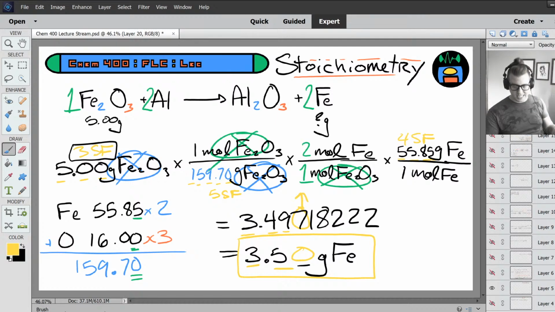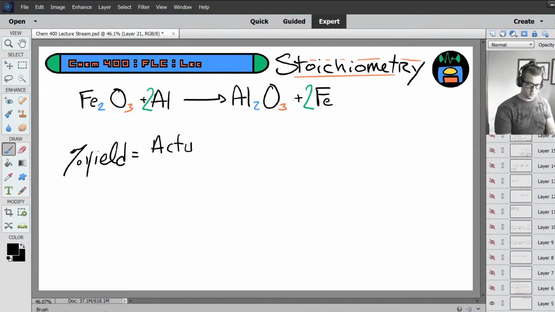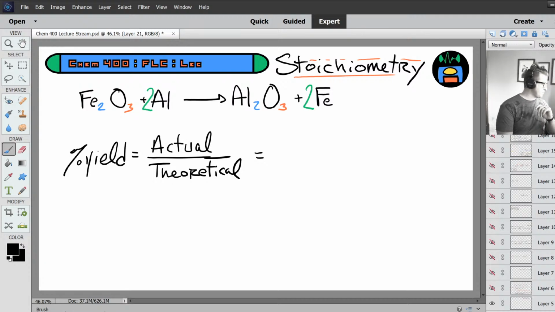All right. Part C, the final step of this problem, is we're given our actual yield and we're asked to calculate our percent yield. We know that the percent yield is equal to actual over theoretical. And we're told the actual yield for this problem, which I'm actually just scrubbing back through to pull it out because there we go.